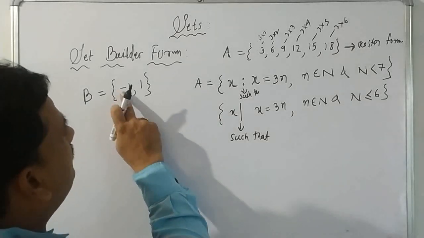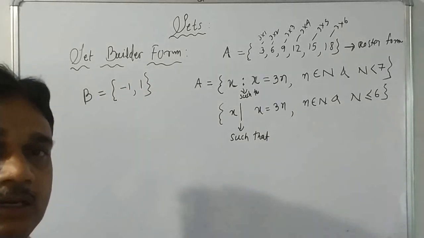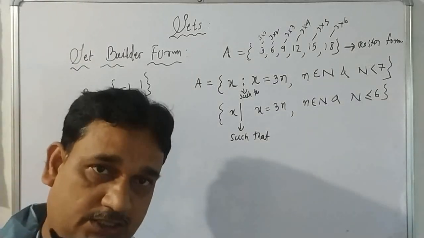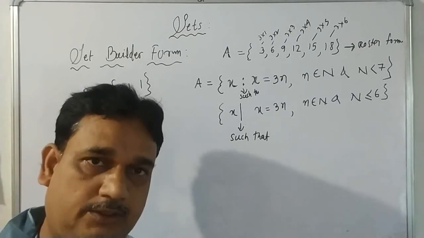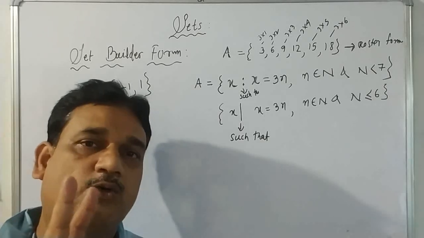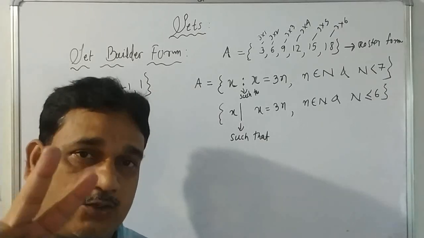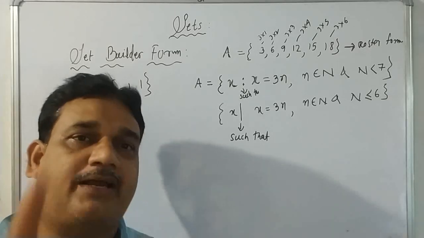Now there are two numbers, plus or minus 1. You just recall, by solving a quadratic equation you are getting two solutions, two zeros or two roots. So you just think about those two roots. Those two roots will be plus 1 or minus 1.